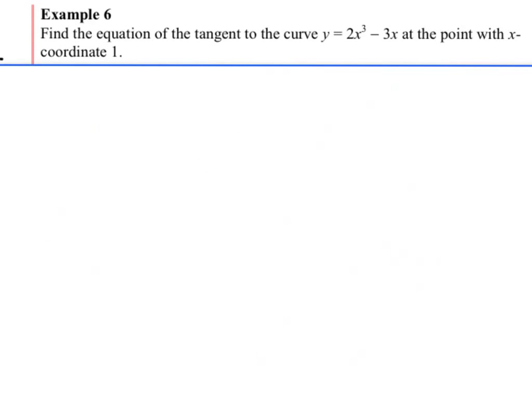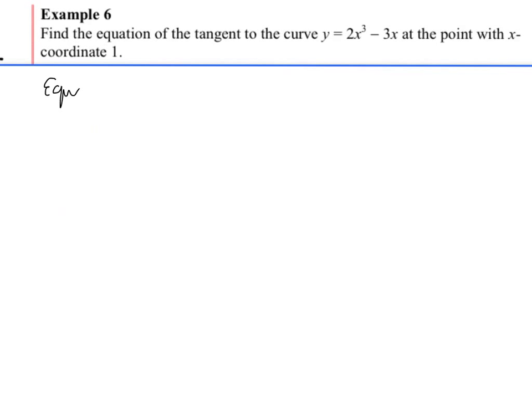Okay, let's look at this question here. So it says find the equation of the tangent to the curve y equals 2x cubed minus 3x at the point with x coordinate 1. So firstly, to find the equation of the tangent, let's just write this down.